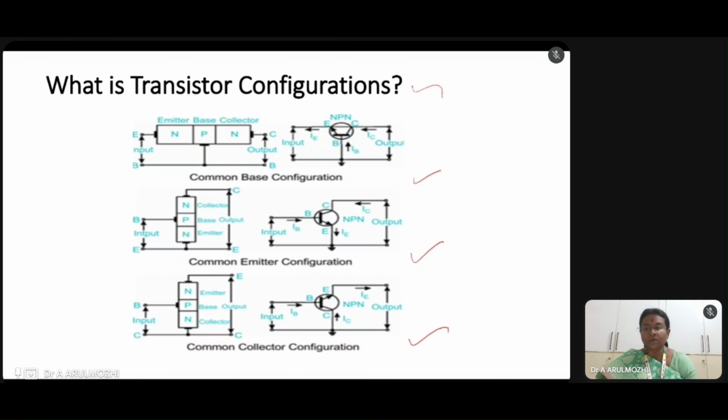Before that, you should know what is meant by configuration in the case of the bipolar junction transistor.